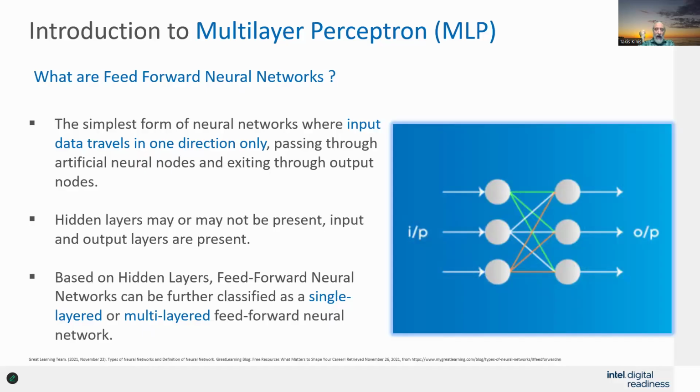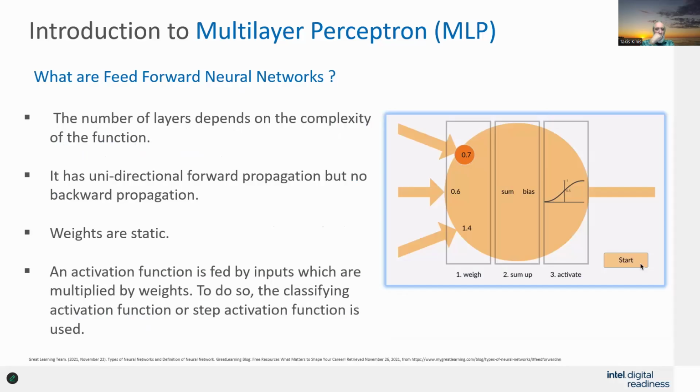The data flow is still forward. It never goes back. So when I get past the first layer, whether hidden or not, when I'm on the next layer, what happened on the previous one is irrelevant. It's only what's happening now that's relevant. And you'll see with deep learning that will change.